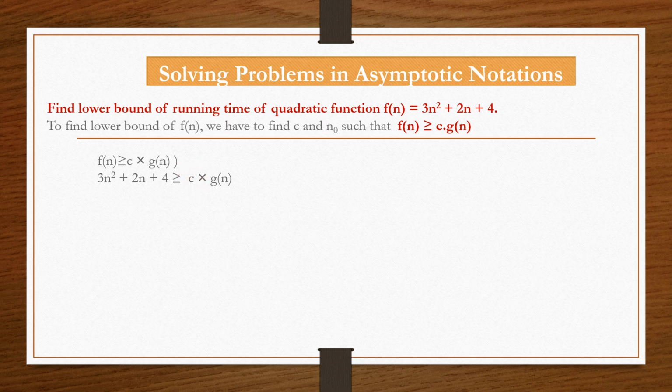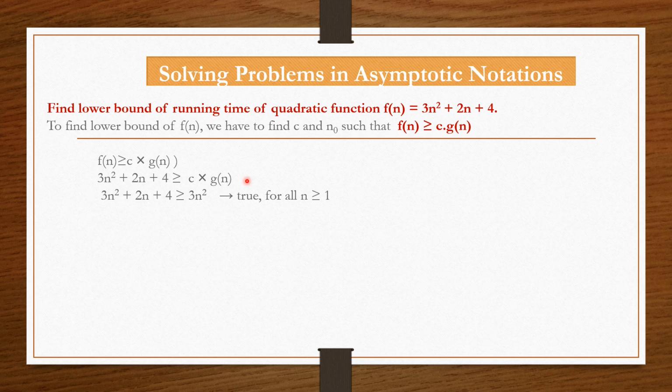Since here it is 3n square plus 2n plus 4, obviously I can take the value of g of n as 3n square. So this 3n square plus 2n plus 4 should definitely be greater than this 3n square. So whatever terms are there in f of n, the same terms can be considered in g of n as well.